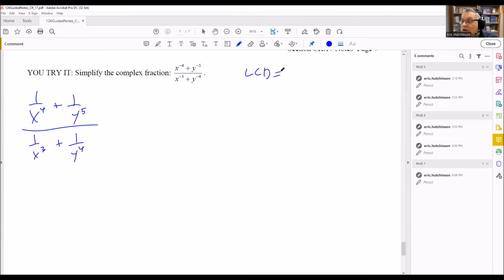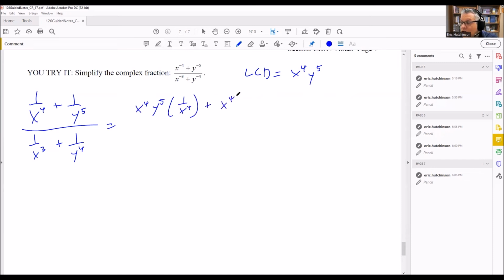Your LCD is always going to be the highest power of x and the highest power of y that you see here. It's x to the fourth and then y to the fifth. That's your LCD. So everything top and bottom, we're just going to put x to the fourth, y to the fifth next to it. x to the fourth, y to the fifth, 1 over x to the fourth.